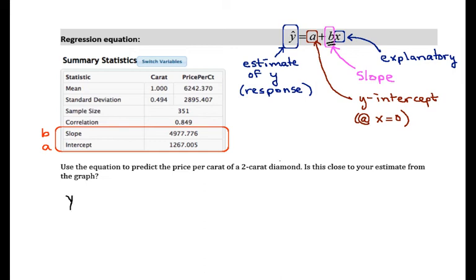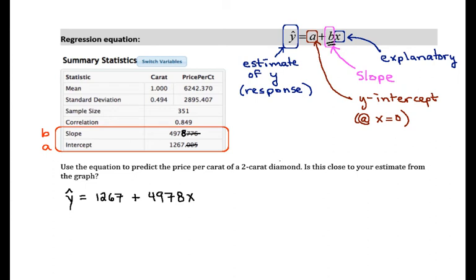That is y hat equals, my a is 1267. I don't think we need the 0.005. Our numbers are big enough that it's reasonable to go ahead and round them off. So we'll go ahead and round that up to 8. So my slope is 4978. And then I would multiply that slope by the explanatory variable.